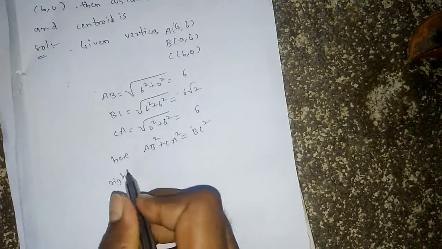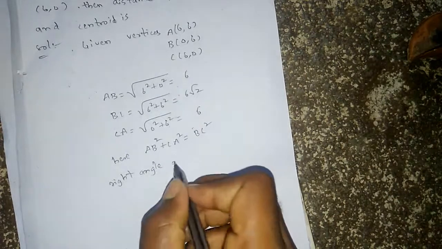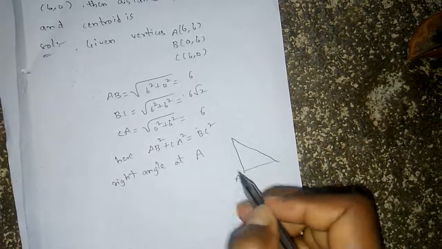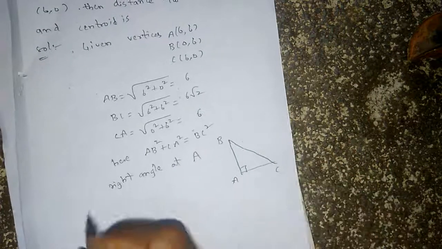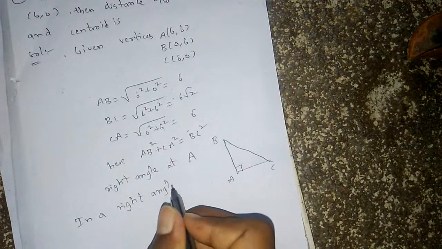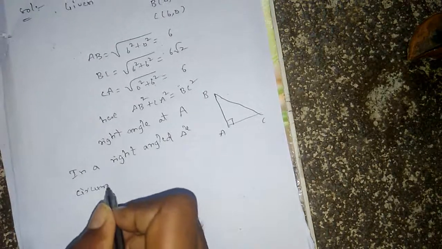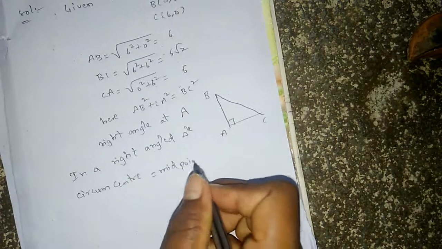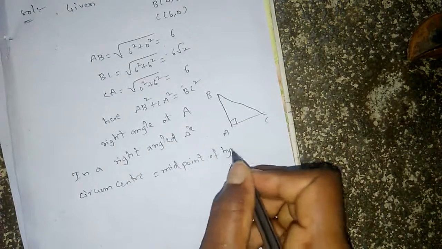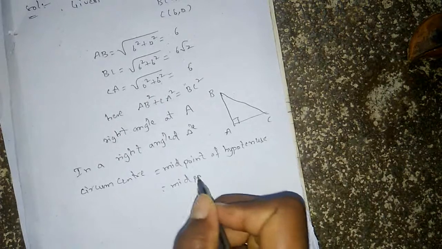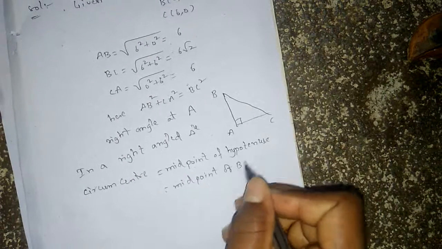Therefore there is a right angle at A. In a right angle triangle, the circumcenter is the midpoint of the hypotenuse. Here the hypotenuse is BC.